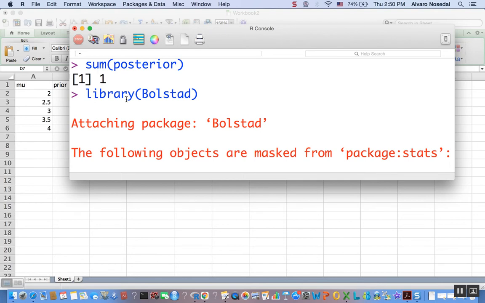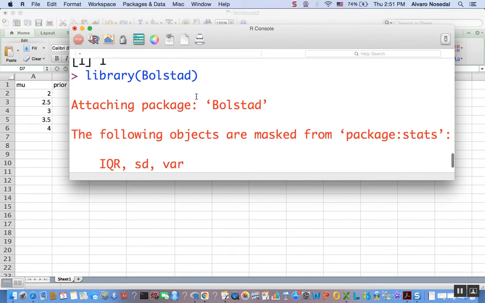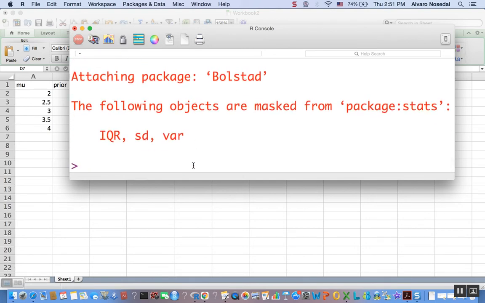Here I'm just loading it, because it's not part of R. Every time that I launch R, it's not going to be there for me. So if I want to use it, I have to load that R package, that library. But the installation, you have to do that only once. The function from that library that we want to use in this case is normdp, which stands for normal with discrete prior.